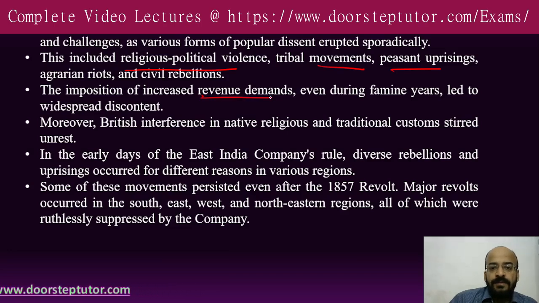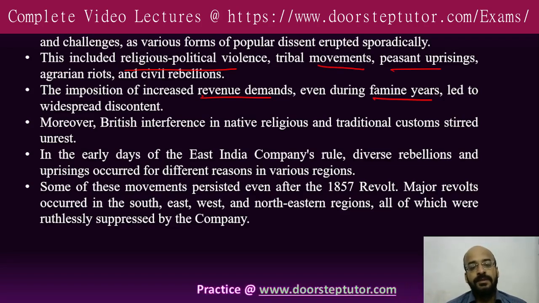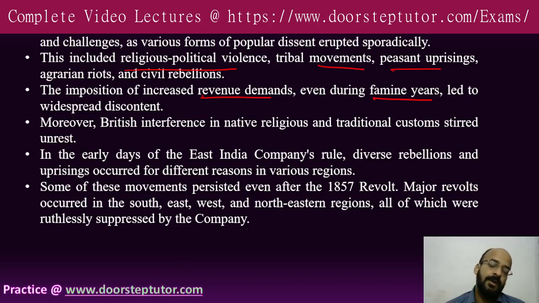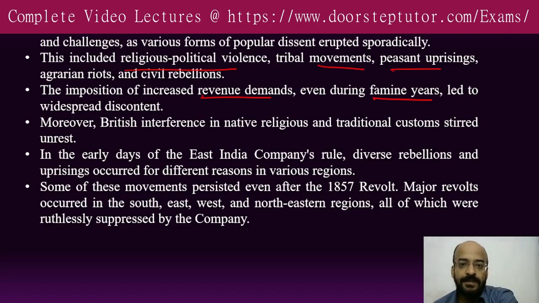Economic reasons included the increase in revenue demands, and even during the famine years there was a continuous demand for more and more. Then there were the political and socio-religious reasons, such as the interference of the Britishers, and there were many such reasons which will be discussed in depth in the causes.